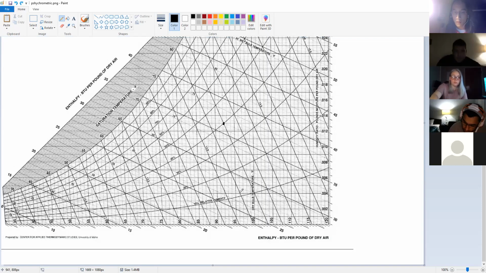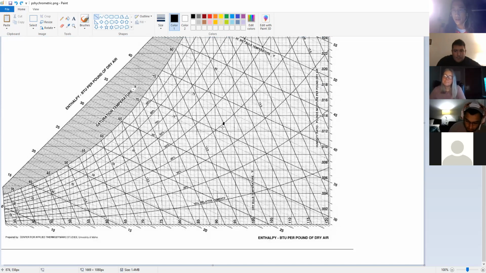So dry bulb is your thermometer reading. Relative humidity is the percentage of how much water the air is currently able to physically hold. Absolute humidity is exactly how much water, a definite number, not a percentage.